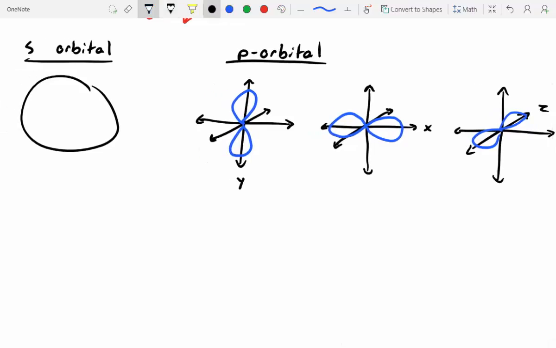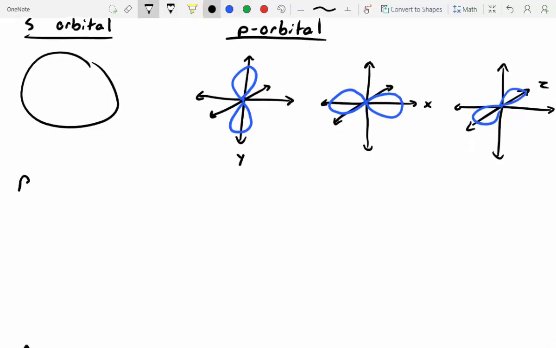So let's continue on. And there's one other thing I want you guys to remember from Gen Chem. And that is electrons want to be paired in orbitals, and they want to be paired with an electron that's an opposite spin.